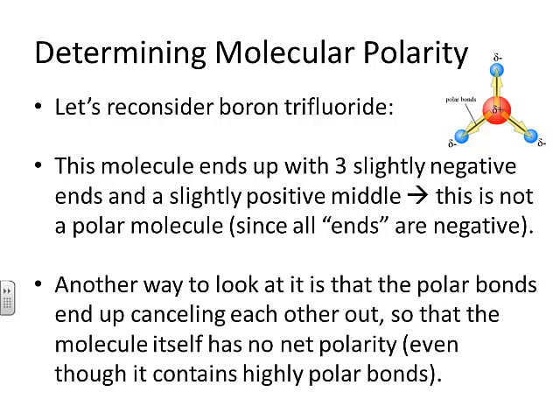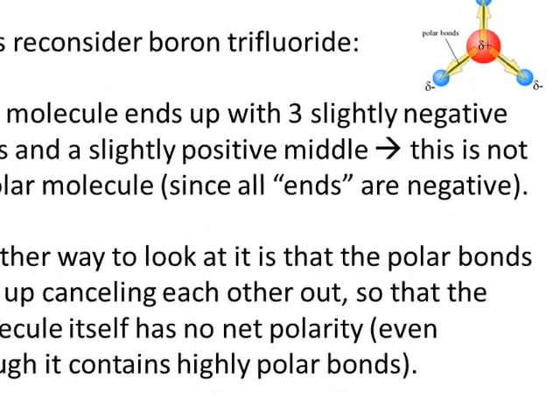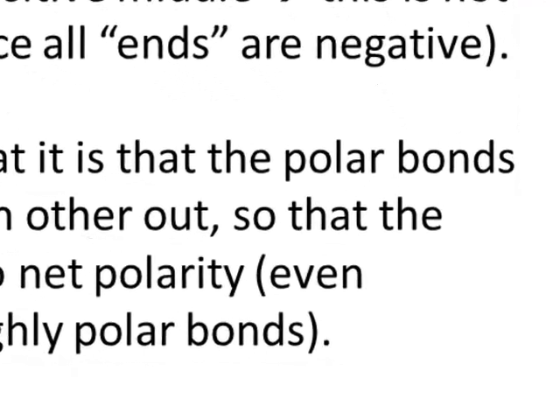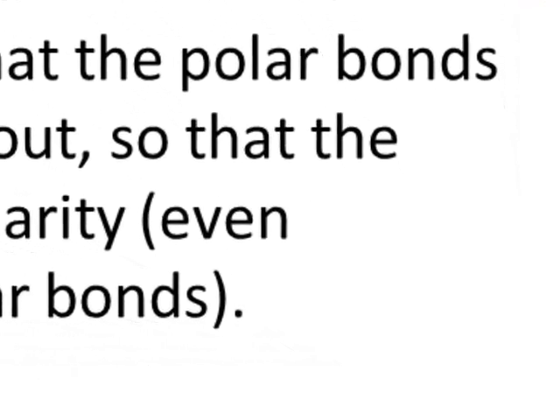Another way to look at whether this is polar or not is to do a vector addition. Add up those arrows that indicate the polarity of each of these bonds. Now we need to keep their direction and their length correct relative to each other if we're going to do it this way. If I draw all three of those, starting with one bond going up, and then one going to the side, and the third one going back the other direction, you'll see as I draw them, I end back where I began, which means there's no net polarity.